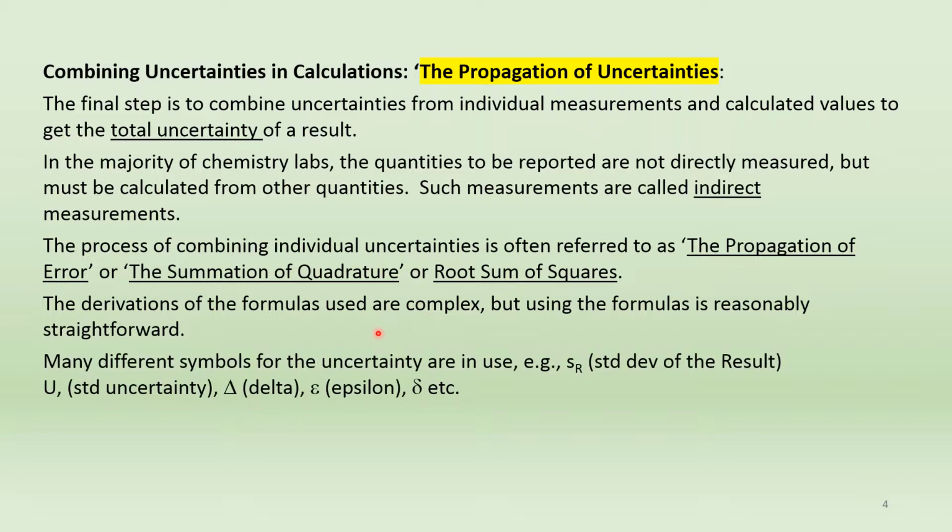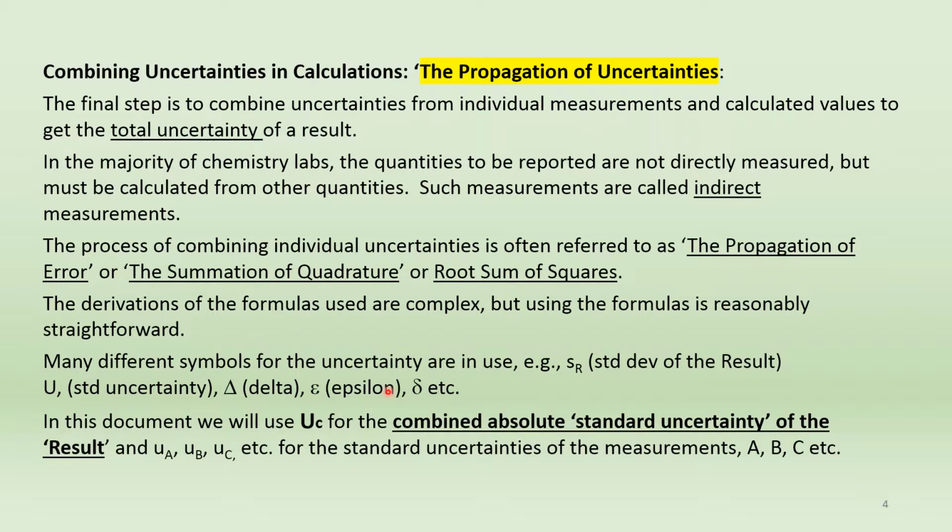Now, you'll see many different symbols for uncertainty in use. For example, S sub r standing for the standard deviation of the result, U standing for uncertainty, standard uncertainty, uppercase D, uppercase delta in Greek for difference, epsilon, and even lowercase delta.